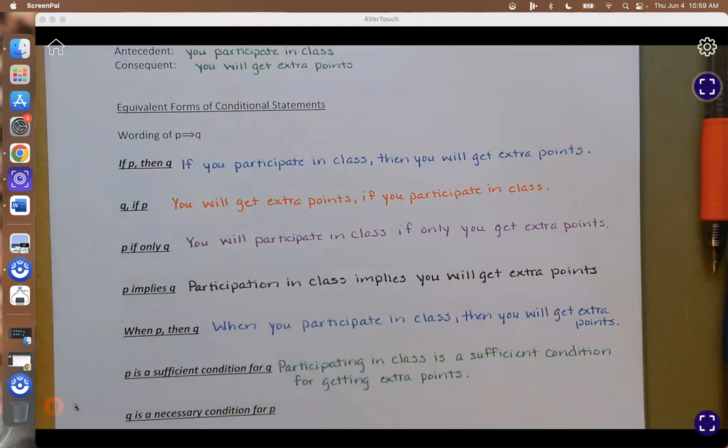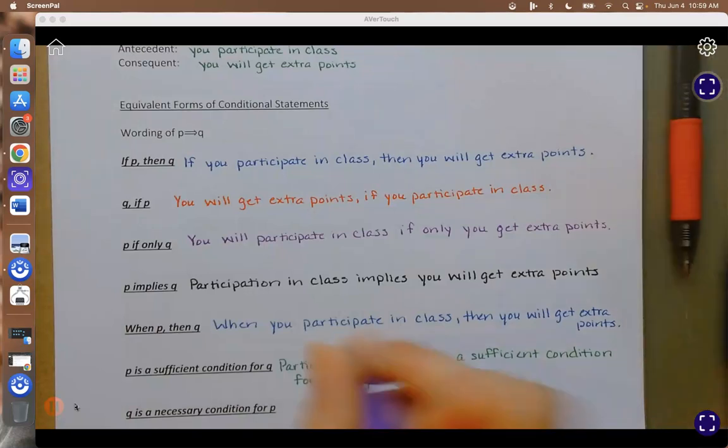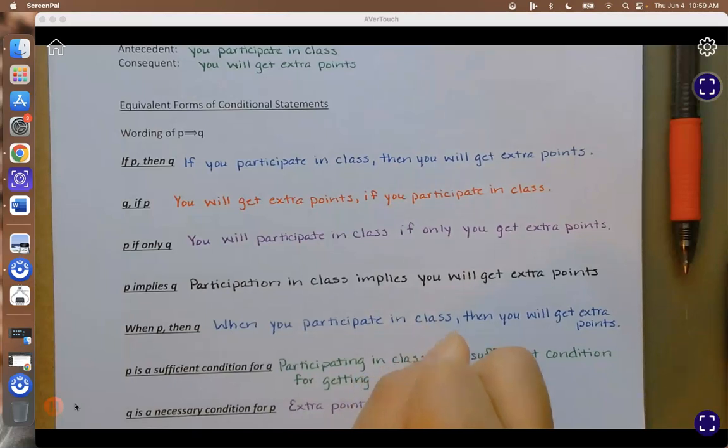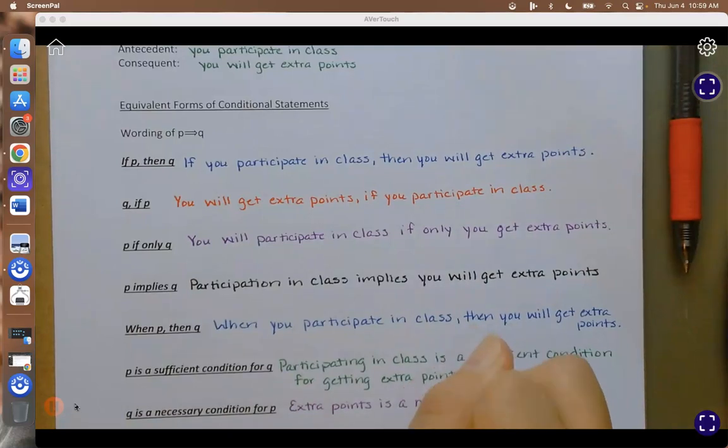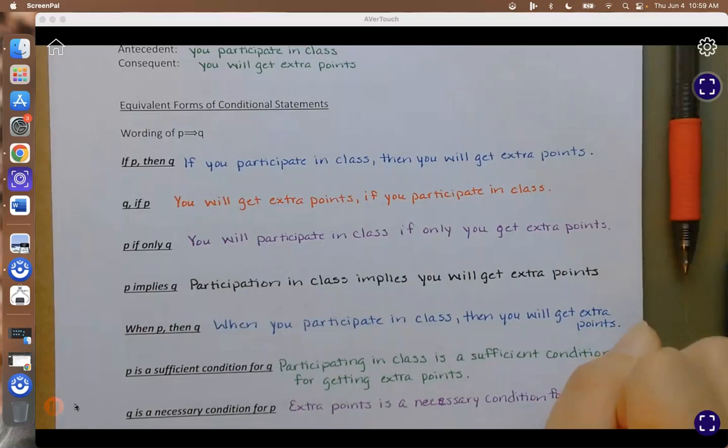All right. Now this one says Q is a necessary condition for P. So extra points is a necessary condition for participating in class.